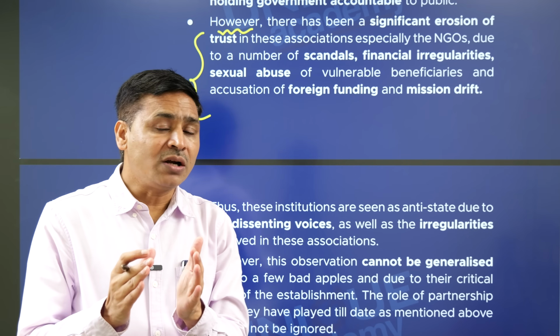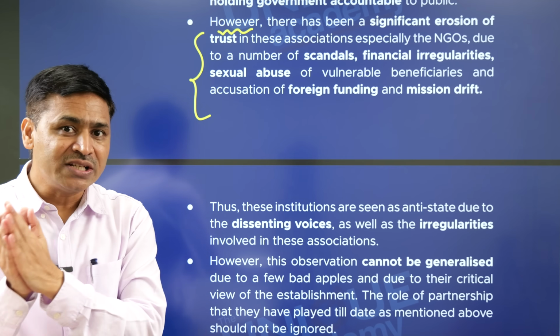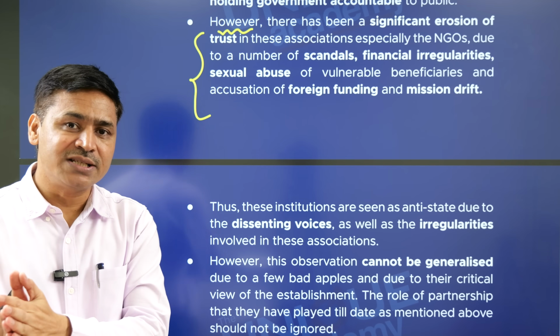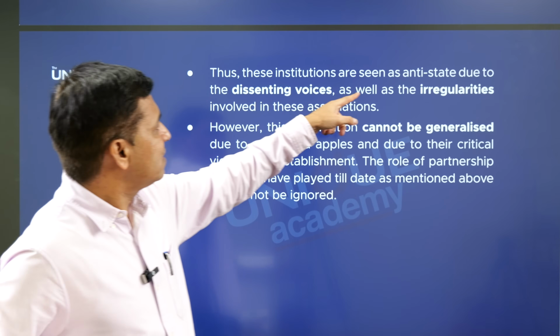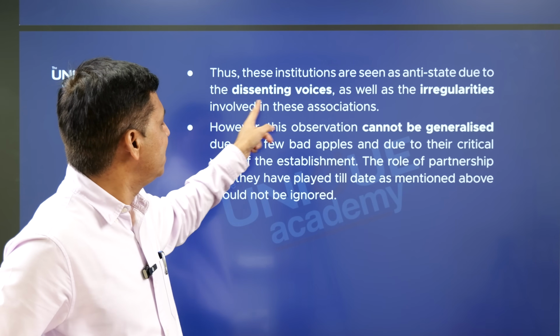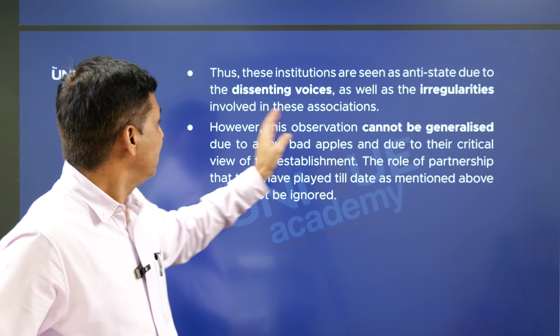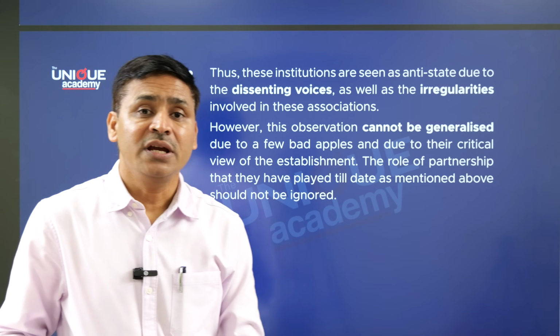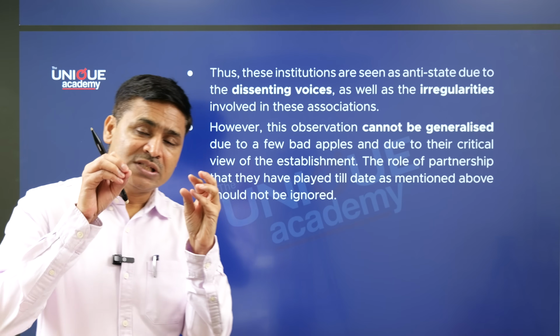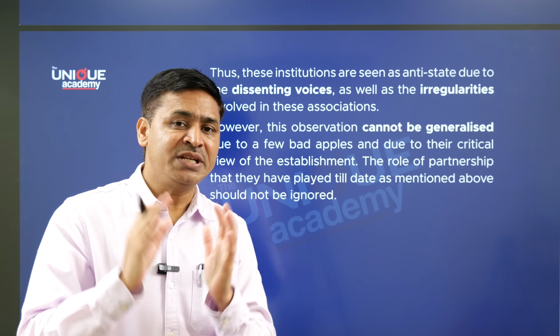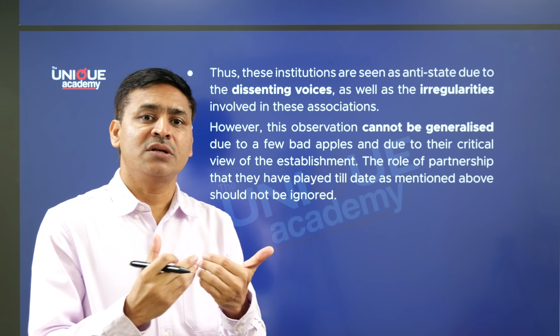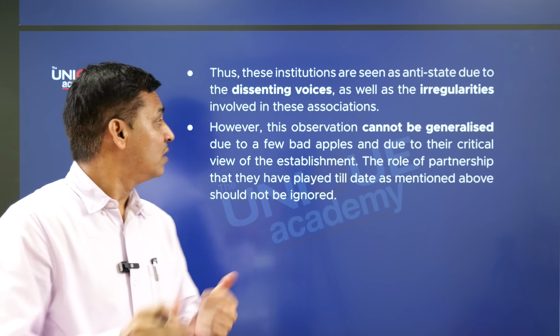So they are not seen as non-state actors, but rather they are seen as anti-state actors. These institutions are seen as anti-state due to the dissenting voices as well as the irregularities involved in these associations.